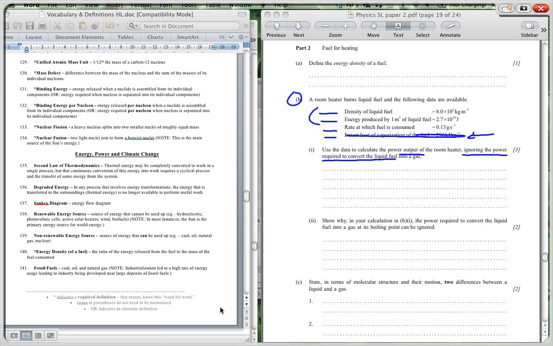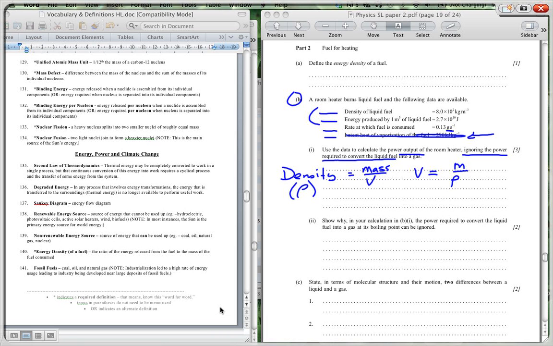So in looking at this, we need to remember that an important formula is that our density, often given by the symbol rho, is equal to our mass over our volume. I'm interested in the volume per second, so my volume is equal to my mass divided by my density. Here I am given a rate, 0.13 grams per second, so I'm given a mass per second.